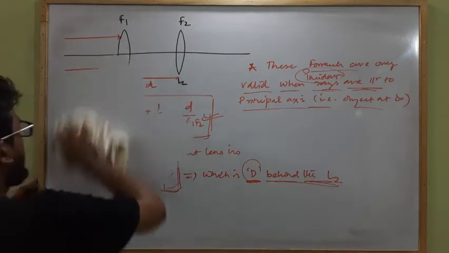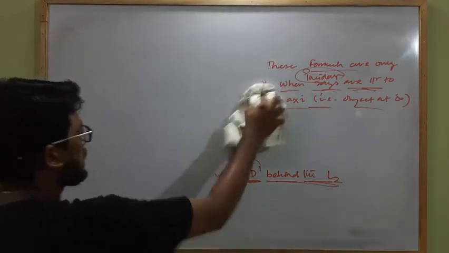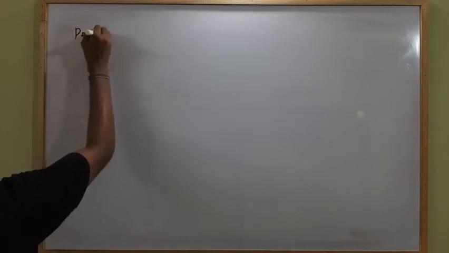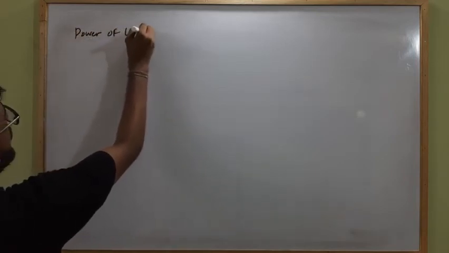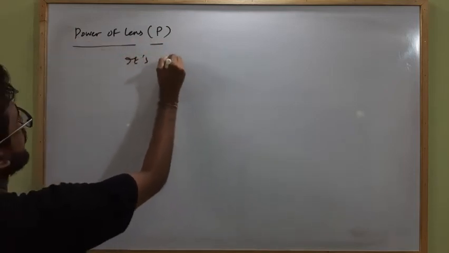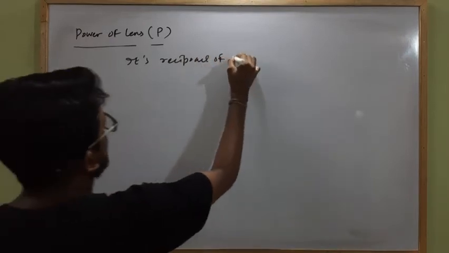So what is power of lens? Power of lens, denoted by P, is the reciprocal of the focal length of the lens.